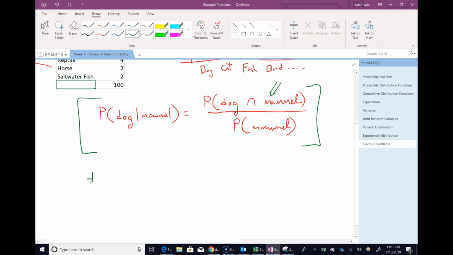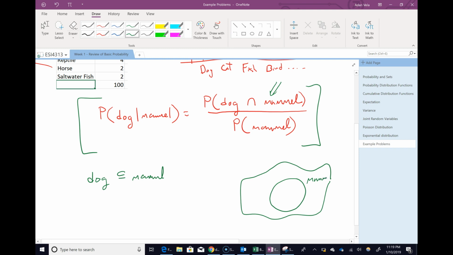We know dog is a subset of mammal. If we look at our state space, here we have mammals, and here we have the set of dogs. So if we do dogs and mammals, then effectively we're only interested in the probability contained within dogs.